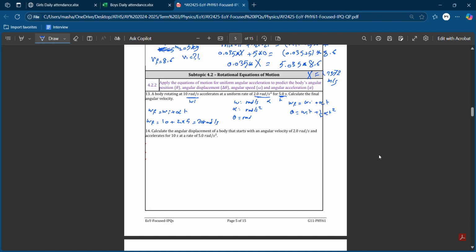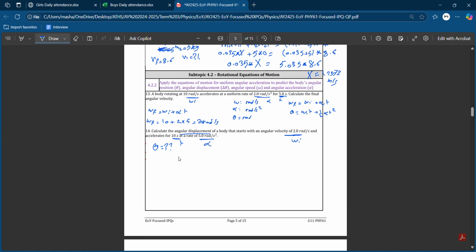If we check the second part, calculate the angular displacement. You need the angular displacement. Question 14, so angular displacement, so we are talking about theta. A body starts with angular velocity ω initial and accelerates for 10 seconds, and he gave us theta.